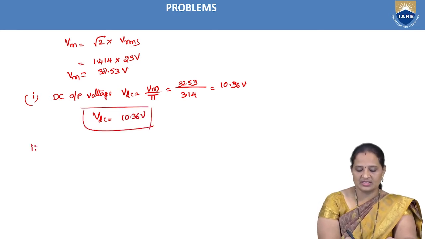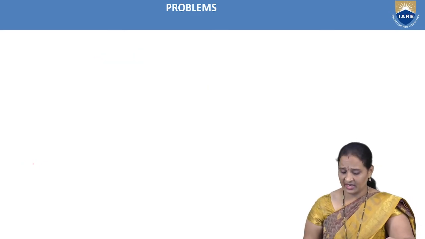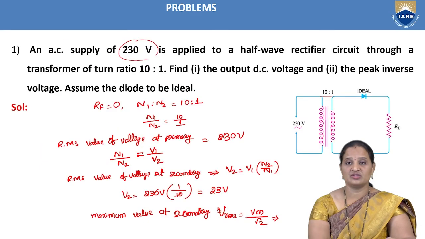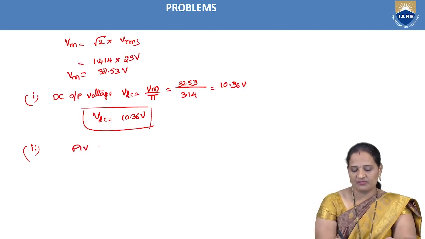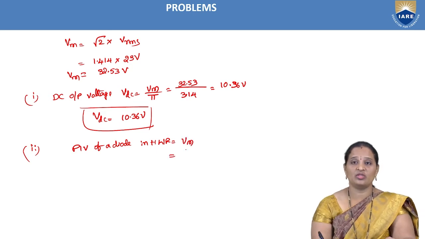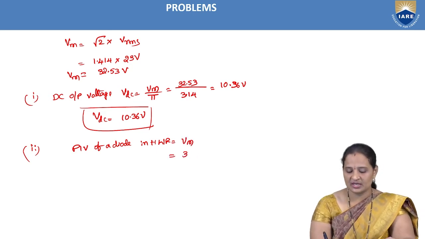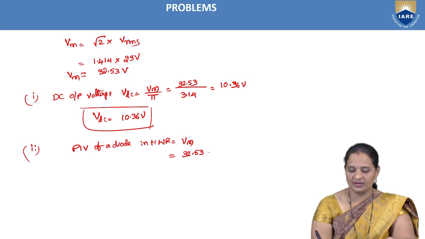Then coming to the second part, we have the peak inverse voltage. We already know that the peak inverse voltage of a diode in a half wave rectifier is given by Vm. As we already know the value of Vm, that is 32.53 volts.